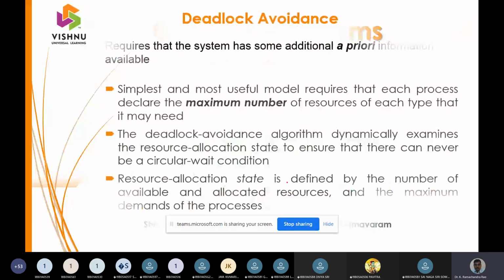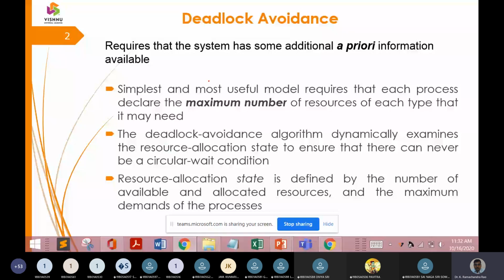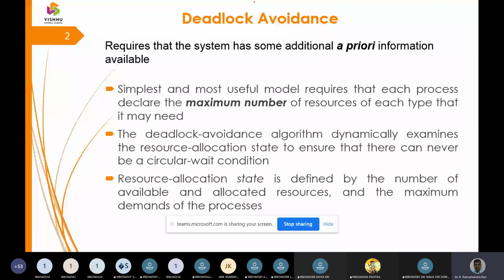When coming to deadlock here, we have some a priori information. The a priori information is an additional setup. The a priori information is the number of instances of a resource, which is going to be taken up before we handle deadlocks.